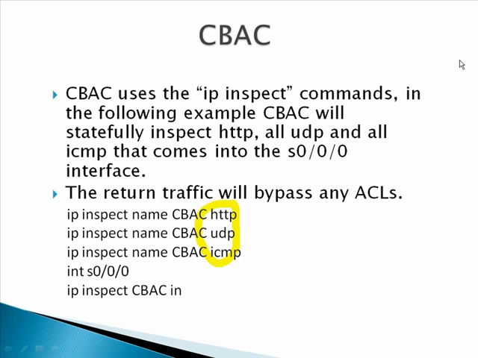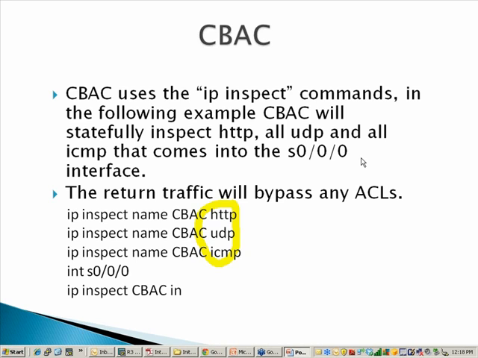So anything that you want coming back in, yes, inspect it. If for some reason it's not allowed by CBAC, then you might have to simply allow it to pass with your outside ACL. That can get a bit tricky though.